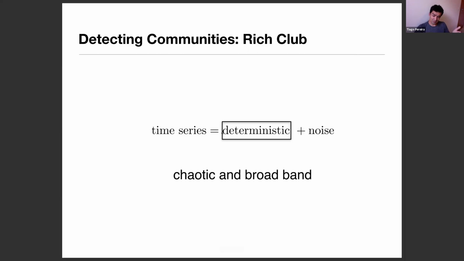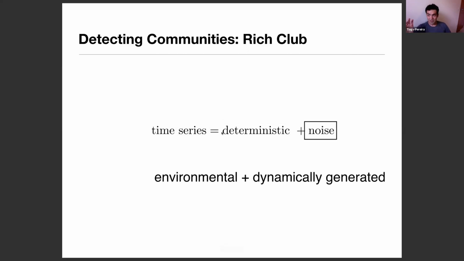This deterministic part is chaotic, most likely, at least for neurons. And this noise is very special because this noise is not just noise. Maybe you have some environmental noise, like thermal fluctuation, but part of the noise is also dynamically generated. And this is the key now.